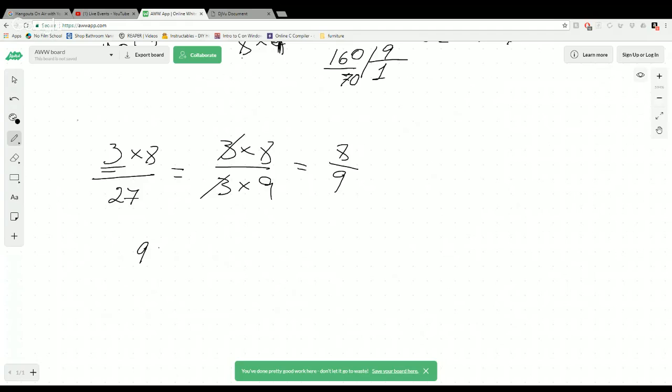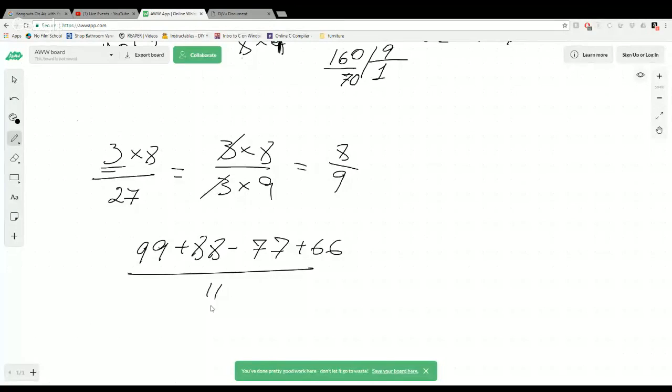And the last example, 99 plus 88 minus 77 plus 66 over 11. All right. Now you look at this example and you notice that all the numbers, the units digit, this digit on the right and the digit on the left are the same, right? And I have 11 in the denominator, and you tell yourself, I wish I had an 11 in the numerator so I could cancel with this 11.